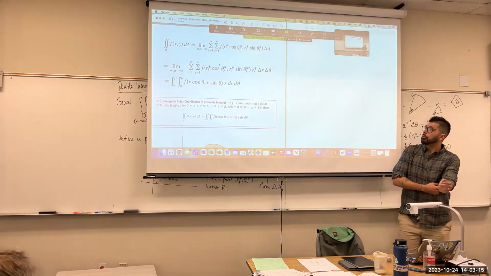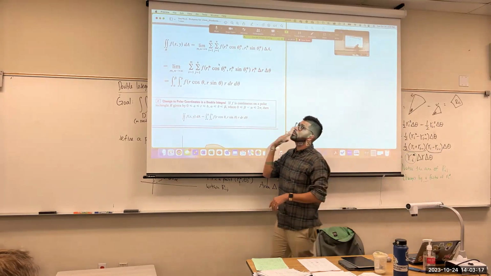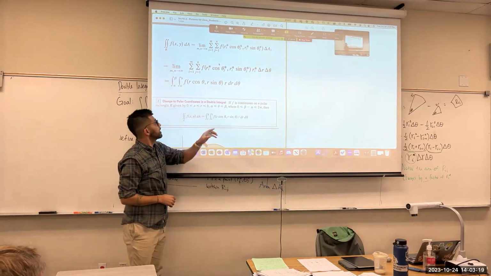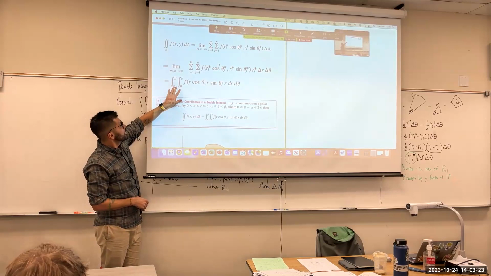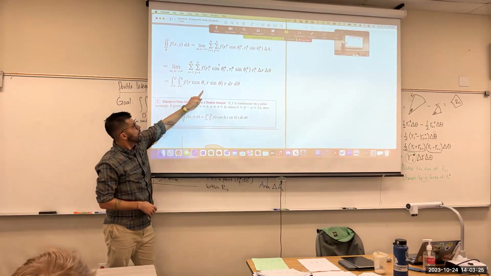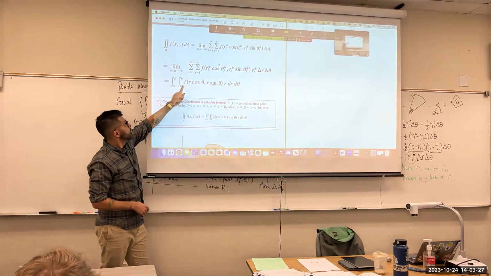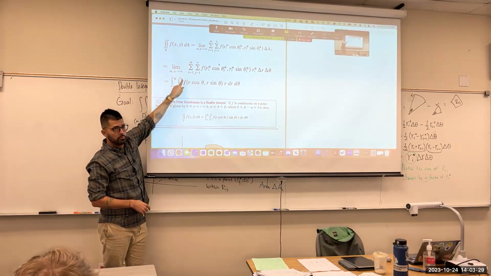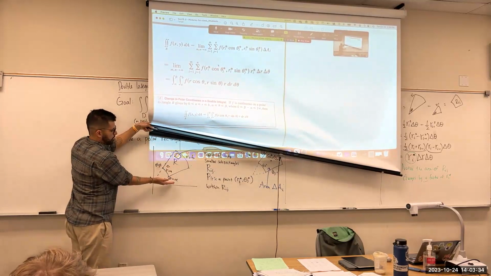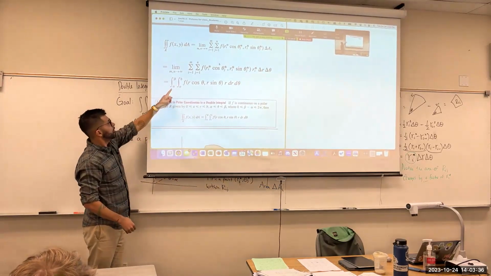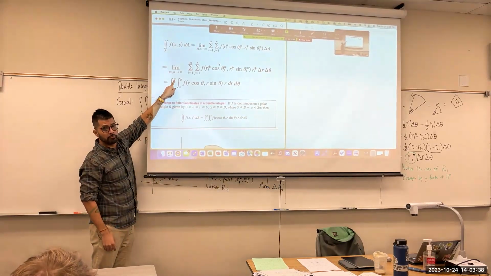So the way we're going to define the double integral with polar coordinates is we're going to say it's still a double integral where r will vary from a to b, which is the a to b that we got here, and theta will vary from alpha to beta.